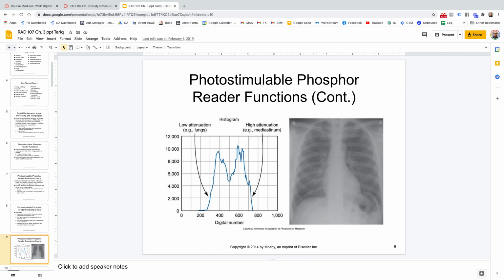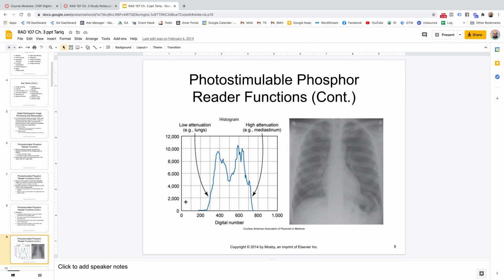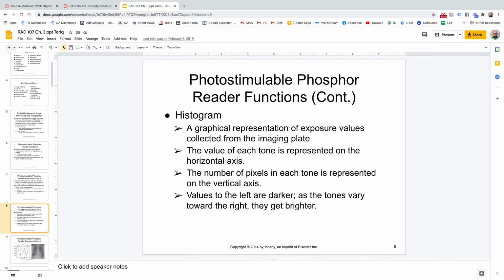So this is what a histogram looks like. This is the X-ray, what it looks like as far as the image, and this is what the histogram looks like. This is the attenuation. The number of pixels is on the vertical axis, so this is how many pixels, and the value of each tone is on the horizontal axis.